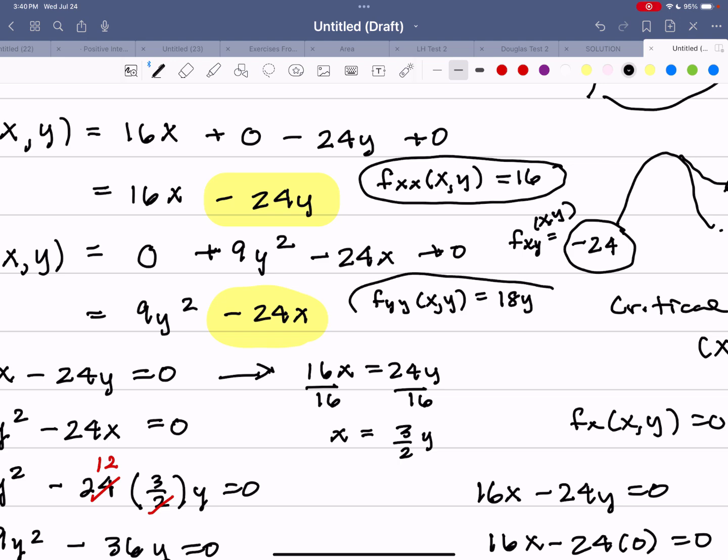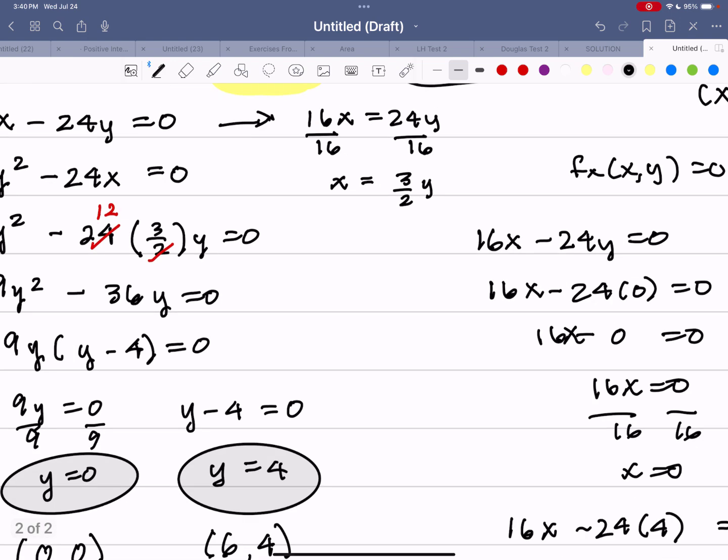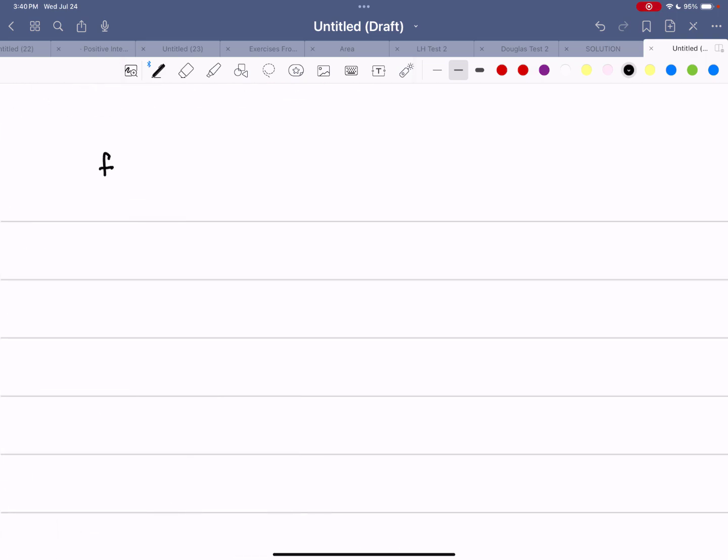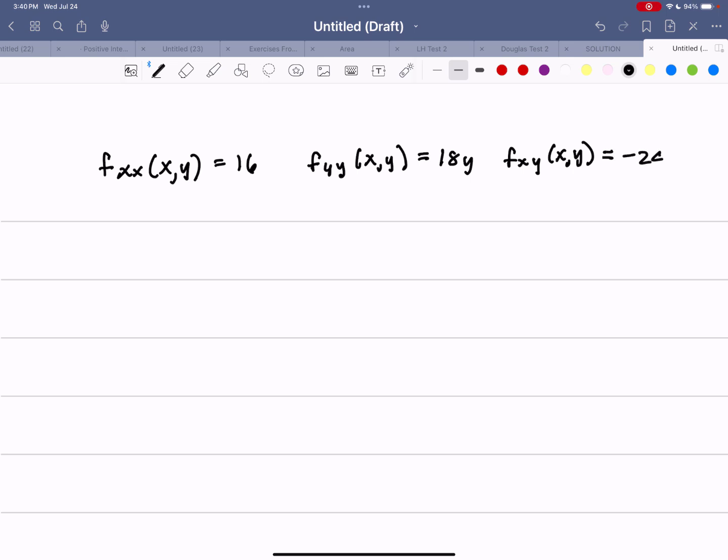And then we need this. So we have, go to another page here, f_xx(x,y) is 16. f_yy(x,y) is 18y. And f_xy(x,y) or f_yx(x,y), both of those came out to be negative 24.